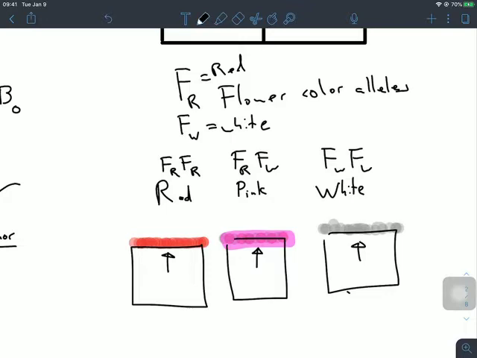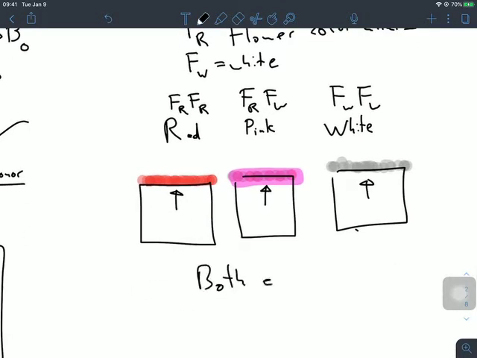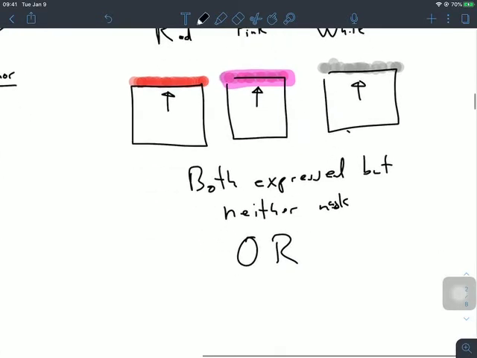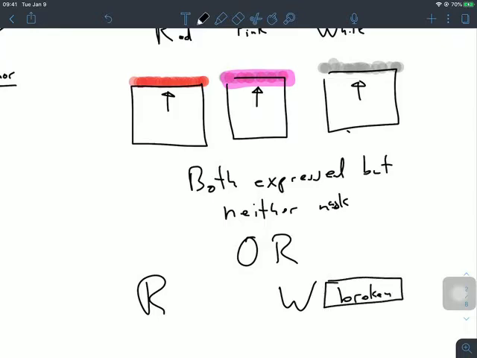This can be caused either by both expressed but neither mask, on a molecular level, or you can get a situation where the red makes a functional protein and then it gets to the surface, and the white makes a protein that never gets to the surface. It stays on the inside. In this way, white might be broken, but the fact that it's not manifesting against the surface means that it's not taking space there.